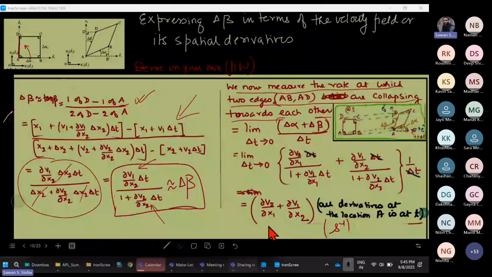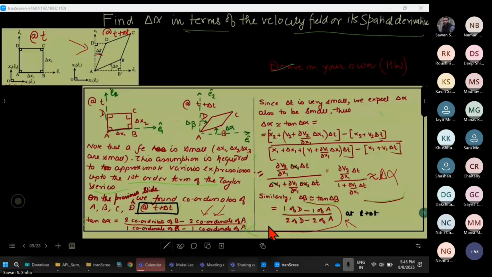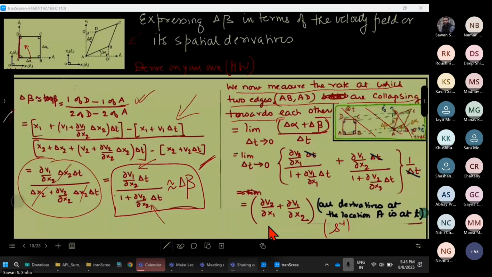Now this figure, I know it doesn't look neat and clean. We don't need it. That's why I have put this figure here. So now putting delta beta from here and delta alpha from the previous slide, what I got. I put all these things together, divided by delta t, and then delta t going to 0, we get this quantity.